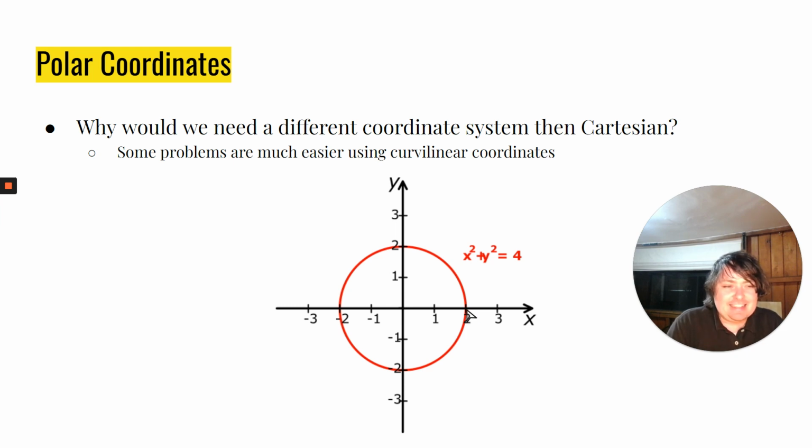It's easy to say at this point on the x-axis, x equals 2, y equals 0, and similarly at each of the points along the intercepts.